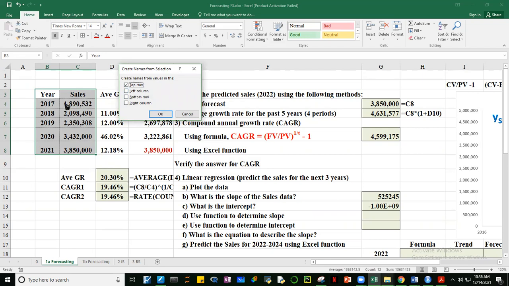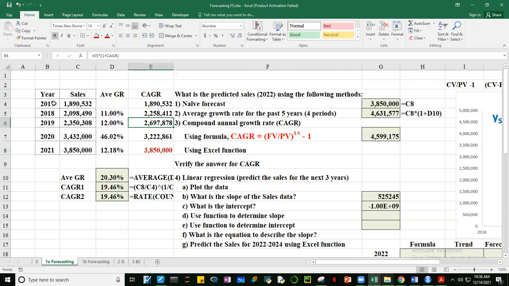Ibig sabihin yung range of data na to, 2017 hanggang 2021, it will be given a name year. Tapos naman yung from C4 up to C8, bibigyan siya ng pangalan na sales. So i-okay natin to guys, okay? Let's check. If I highlight 2017 to 2021, kita nyo may pangalan siya, year. Tapos itong sales naman, highlight ko yung mga figures na to. Look, may pangalan na siya na sales. So that will facilitate now our computation here.